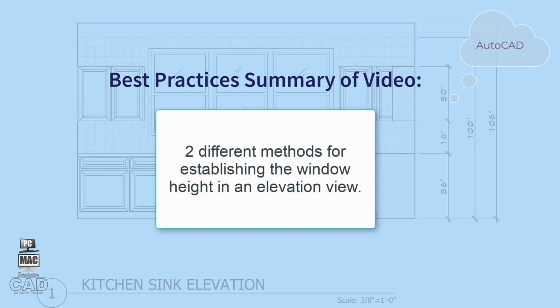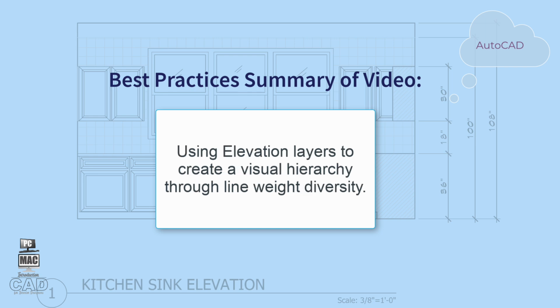The 2 different considerations for locating a window in elevation were described, which included setting the window height based on the header height or based on locating the window based on the sill height. This video concluded with a discussion of the concept of visual hierarchy within drawings and how to create line weight diversity using layer management and viewport line weight settings within a drawing.